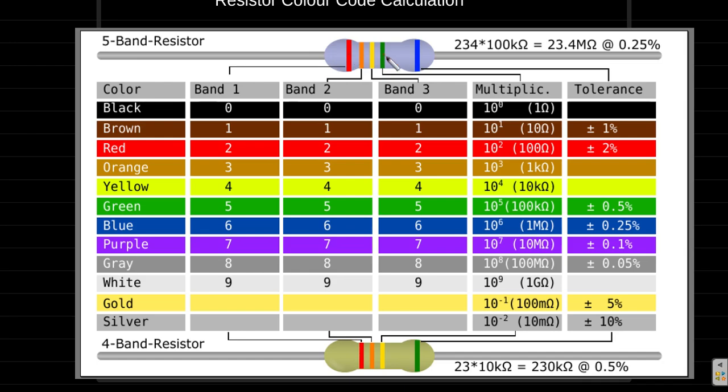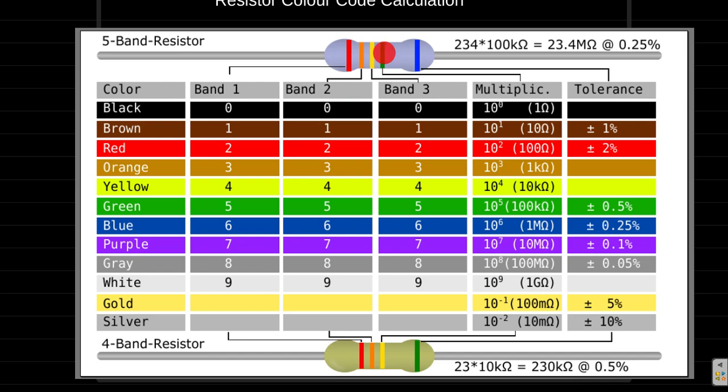With those that are 5 color or 5 band, you have the 4 grouped together, close together, and then the 5th one far away from them by itself. So you start reading first, second, and third digits.